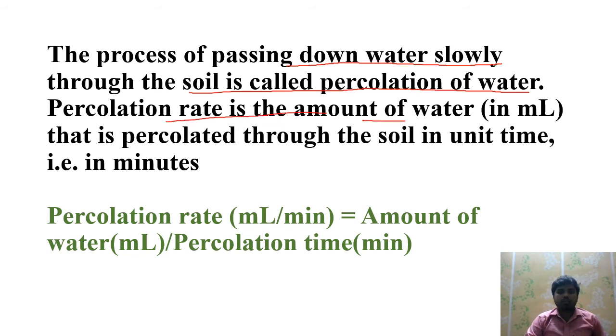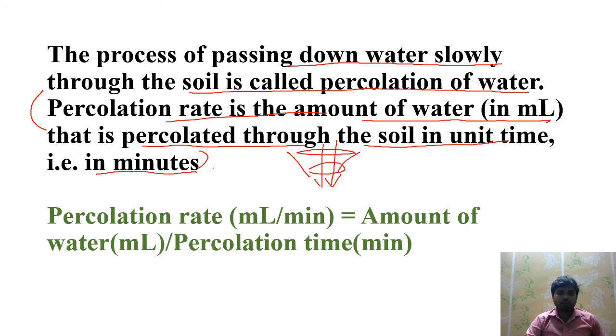Percolation rate is the amount of water in ml that is percolated through the soil in unit time, that is in minute. So percolation rate is the amount of water that is percolated through the soil in unit time.